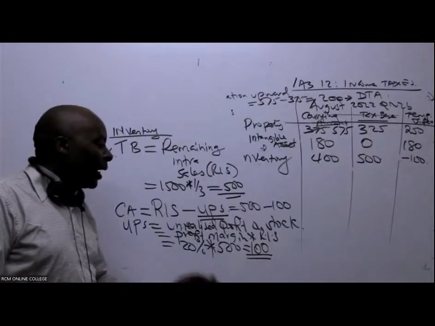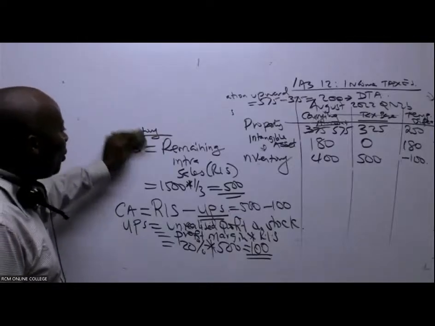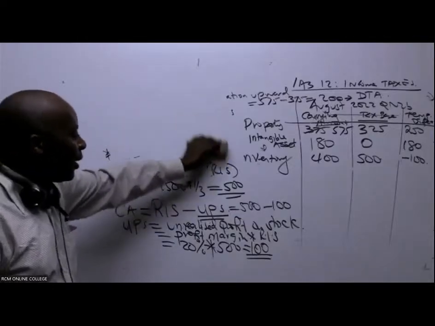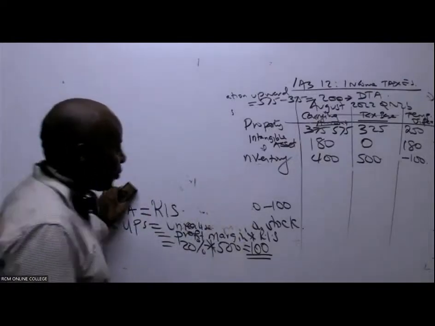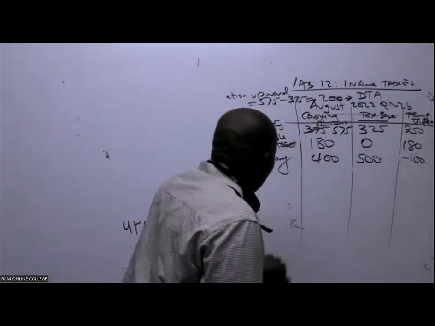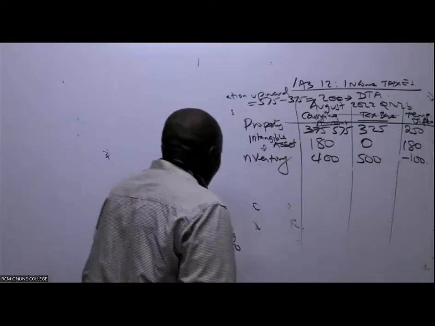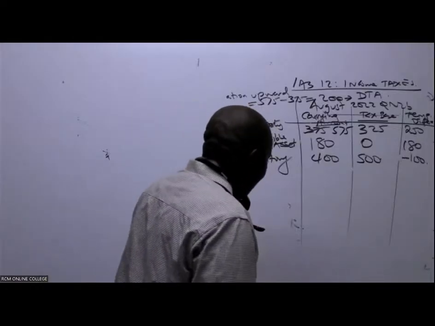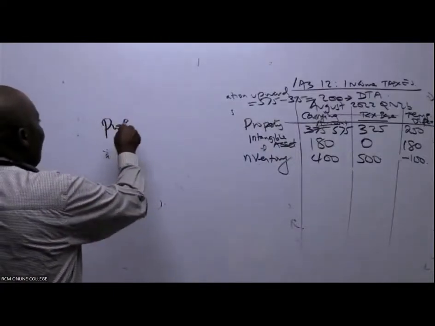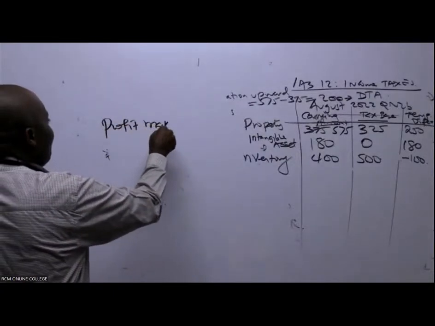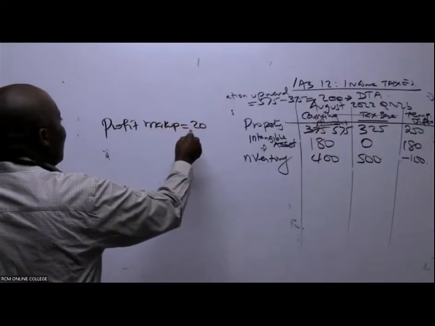However, your examiner will always tempt you. Instead of giving you the profit margin, I've always seen this, he rarely gives the profit margin. What he will do, this ninja, is come and tell you that the profit markup is 20%.